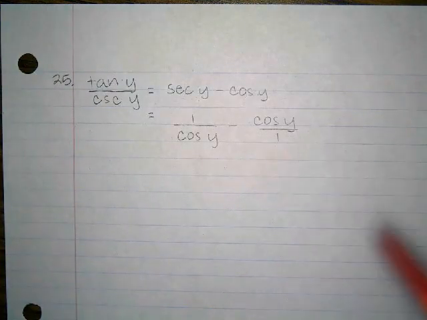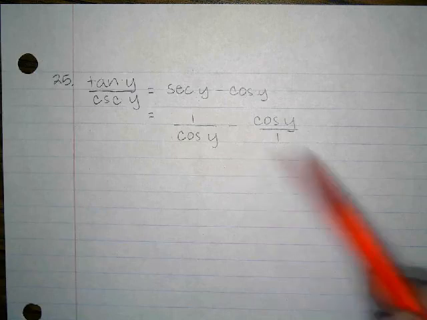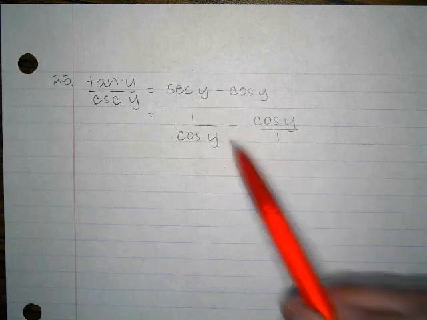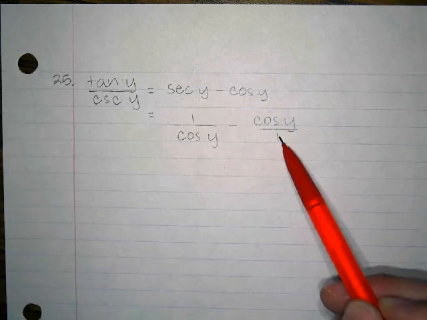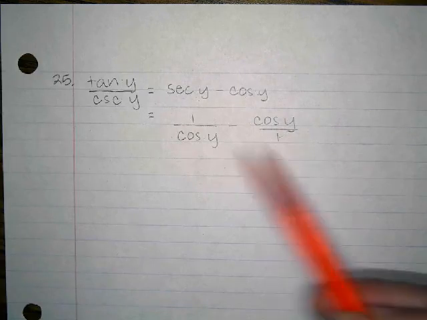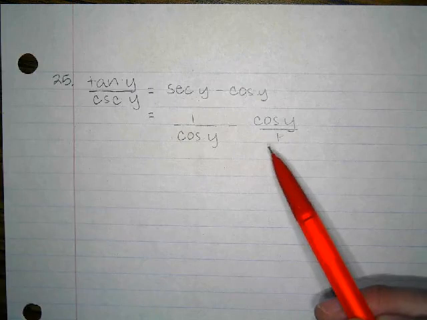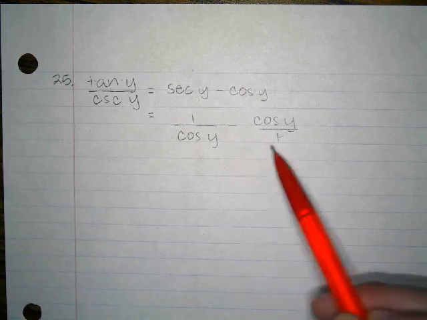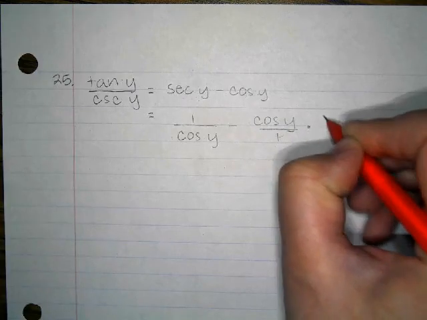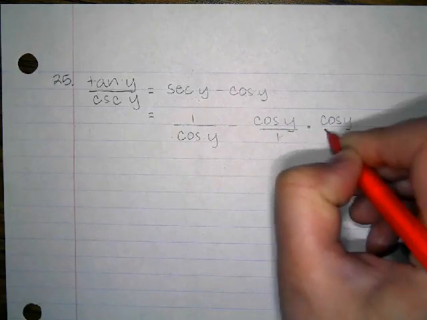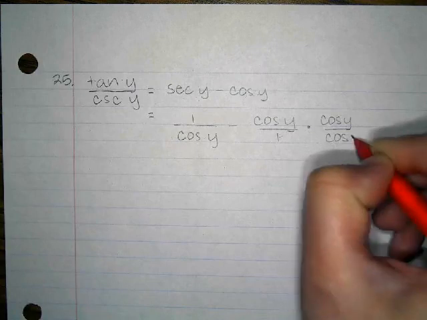And that next step was exactly right. You've got two fractions. You need a common denominator. So this one has a denominator of cos. This one has a denominator of 1, so it doesn't contribute anything. And so how would we get a common denominator? We're going to multiply by cos y over cos y.